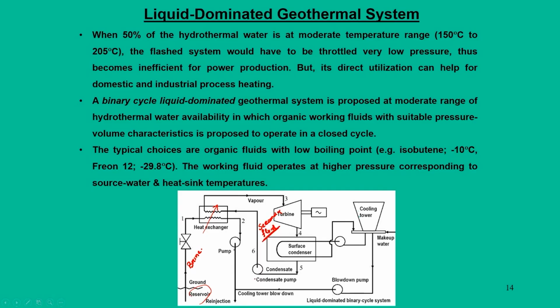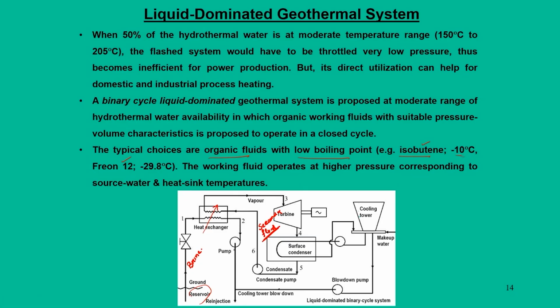Those working fluids are organic fluids, mainly low boiling point fluids, typically isobutane and freon. For isobutane the boiling point is minus 10 degrees centigrade, and for freon 12 it is minus 29.8 degrees centigrade.